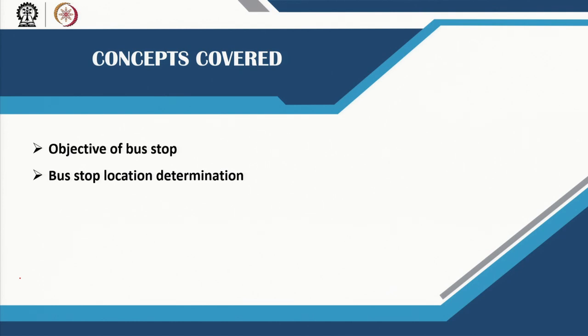So, if it is a BRTS, bus rapid transit line, then this kind of station location would apply to it. If it is a metro line, it would apply to it. It would not much apply to a regular bus route, but you can adapt this methodology to determine bus stops for a regular city bus route as well. So, that is what the topic is going to cover today.